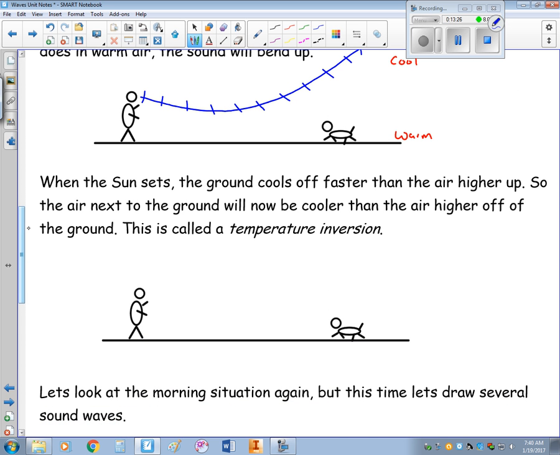After the sun sets, the ground is going to cool off faster than the air above. That's because the ground is a better conductor than air is. So this creates something called a temperature inversion. And what that causes your sound to do is bend down.